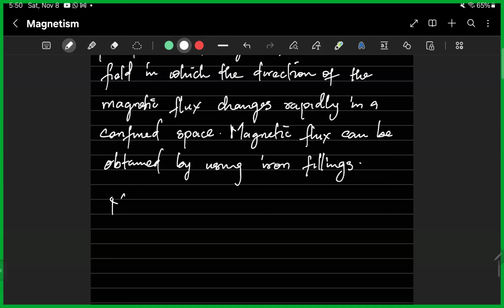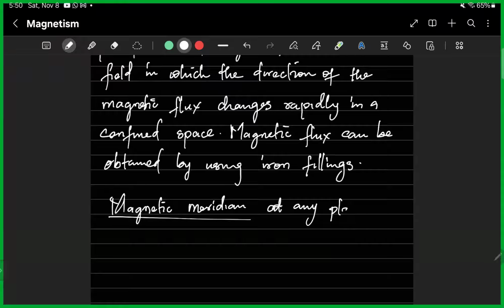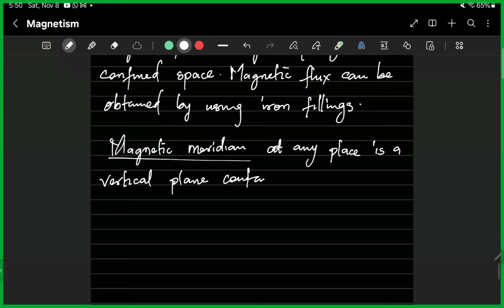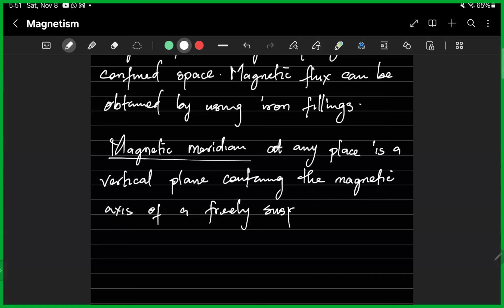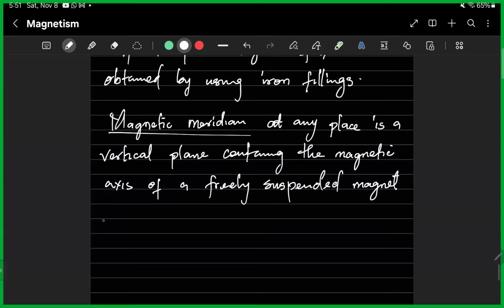Let's quickly define a term like magnetic meridian. The magnetic meridian at any place is a vertical plane containing the magnetic axis of a freely suspended magnet at rest under the action of the earth's field.